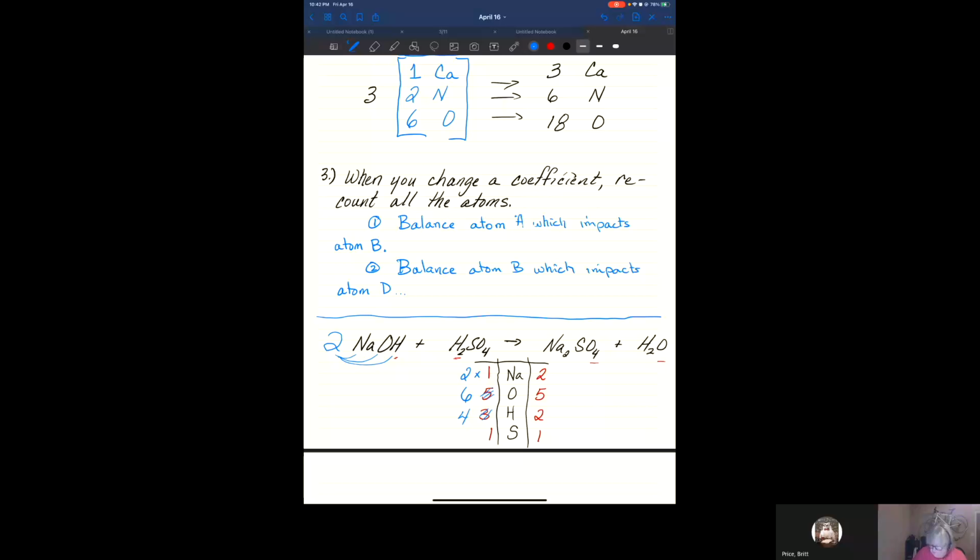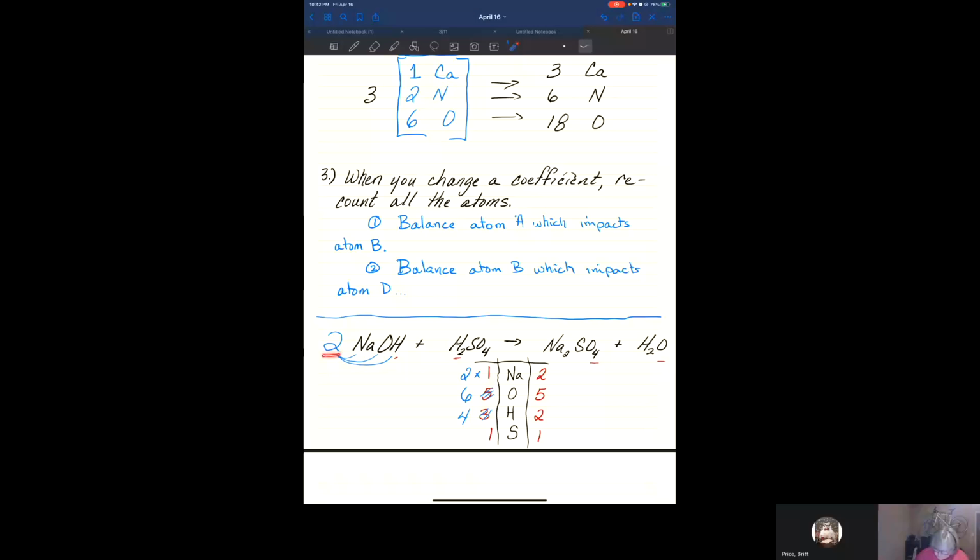Okay, so now I can balance oxygen or balance hydrogen. Once again, I'm not going to go with oxygen. Oxygen is in both products.